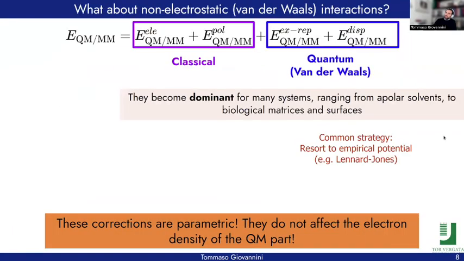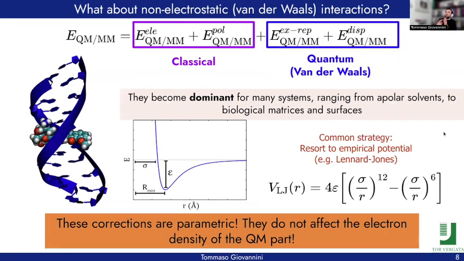Okay. Now we have focused just on the classical interactions. And now we can ask ourselves, okay, but what about the quantum interactions? We know that these quantum interactions, Pauli repulsion and dispersion, can become dominant for many systems, including biological matrices, surfaces, and so on. And the common strategy in a QM/classical methodology is to use an empirical potential.